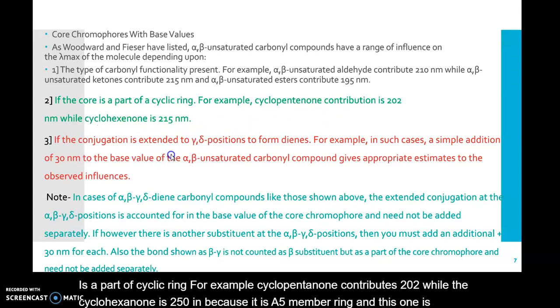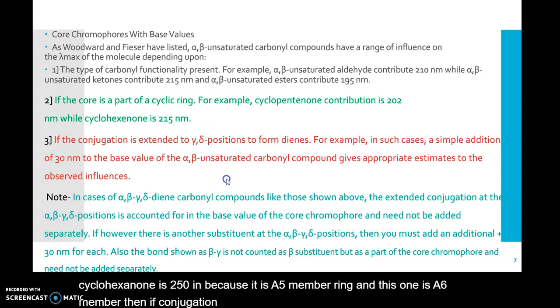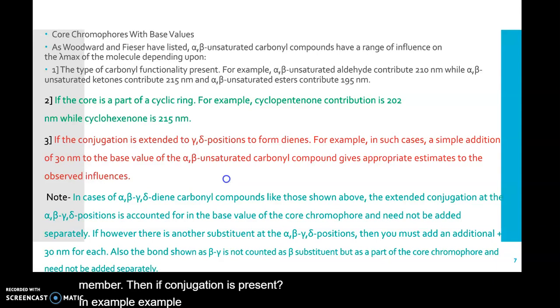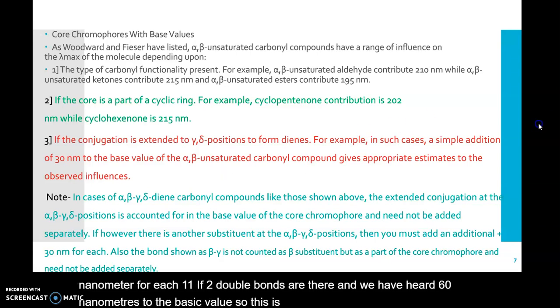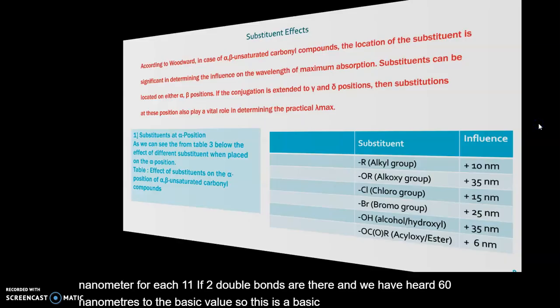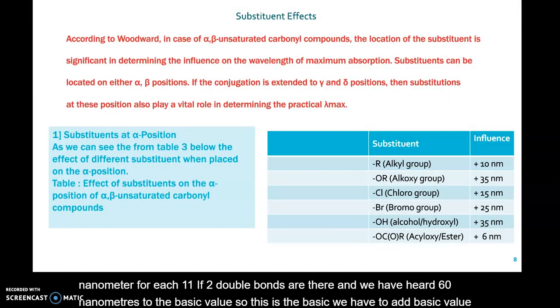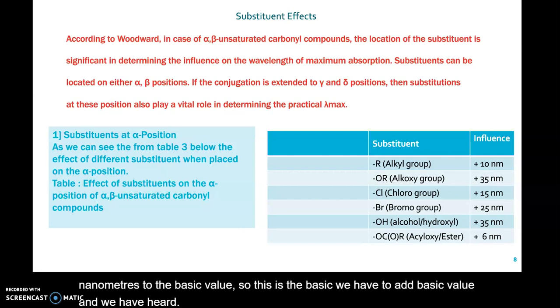If conjugation is present, for example in alpha, delta dienes, in such case we have to add 30 nanometer for each double bond. If 2 double bonds are there, then we have to add 60 nanometers to the basic value. So we have to add the basic value and we have to add the increments.